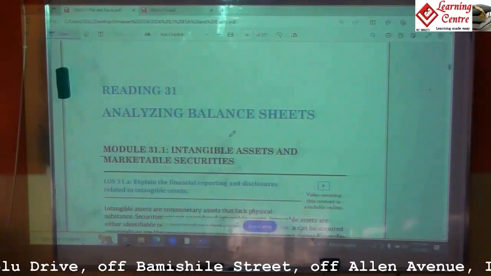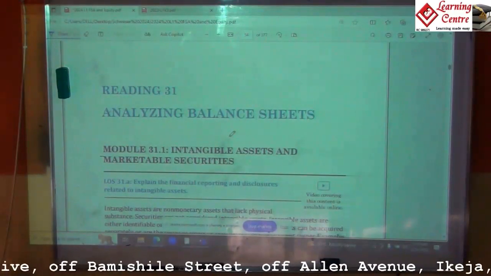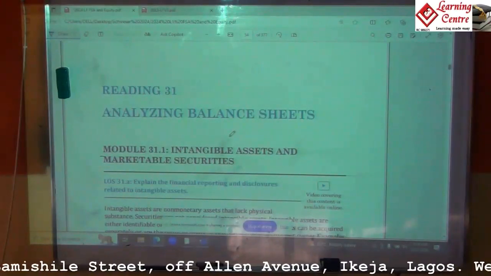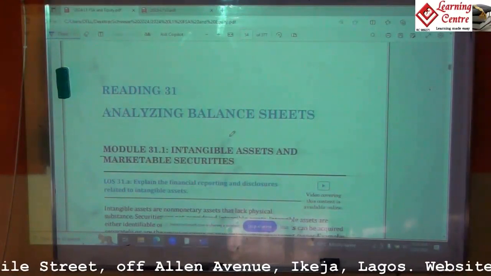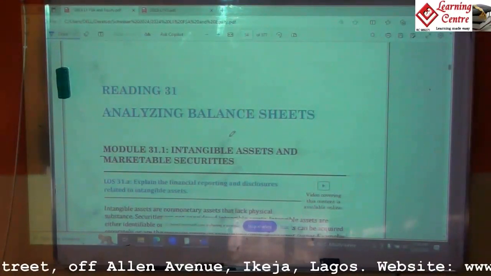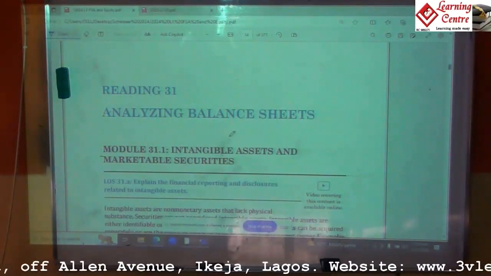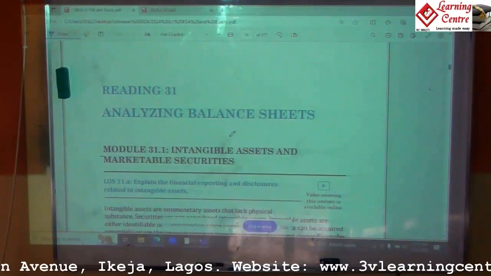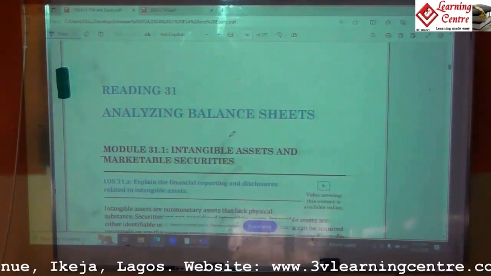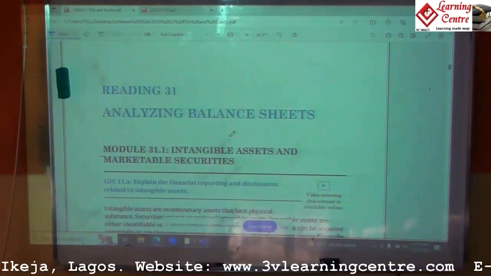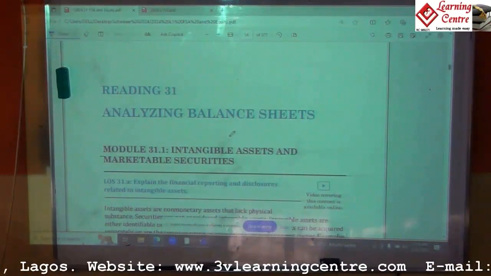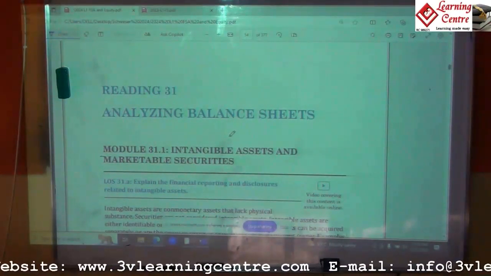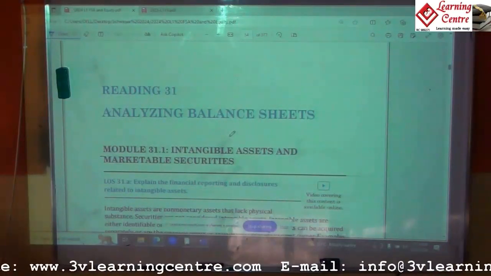So let's see, what's it called? The uses of balance sheet. It helps in identifying the liquidity, solvency, then the ability to make distributions to shareholders.